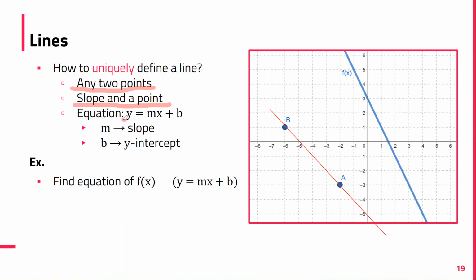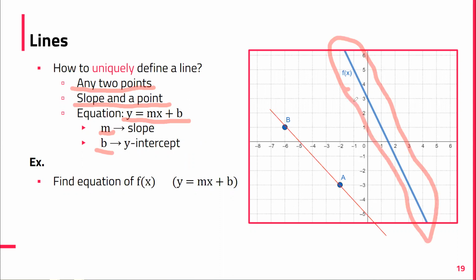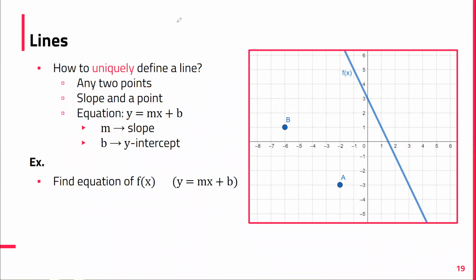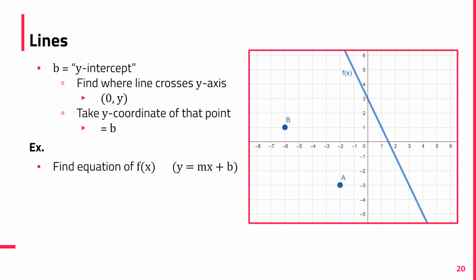Slope and point is what we use for the standard equation of a line, y equals mx plus b, where m is slope and b is the y-intercept. Remember, an intercept is just a point. So let's say we want to find the equation of this line, f of x. We'll start with the intercept.